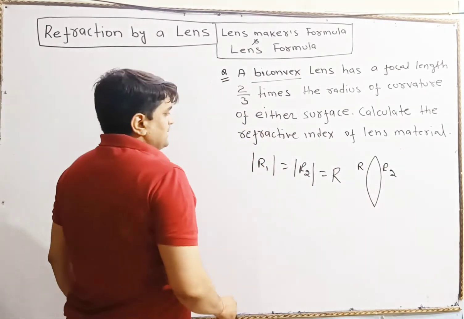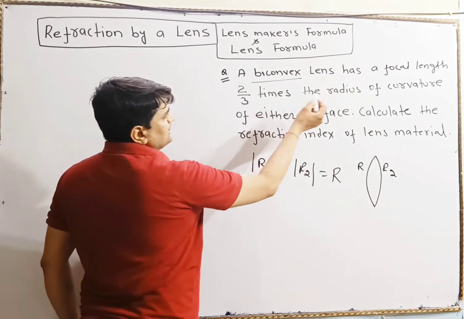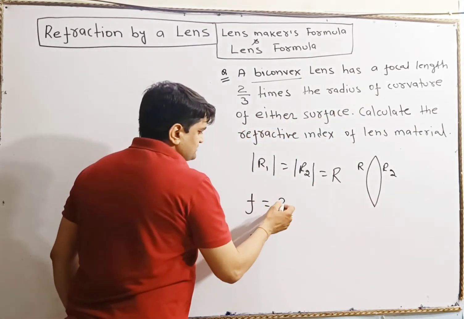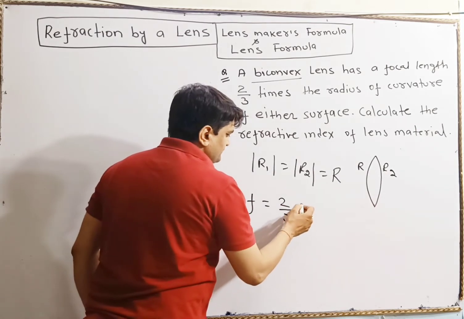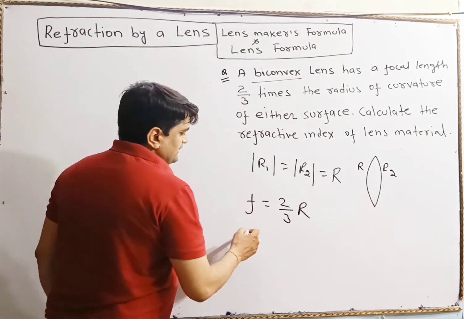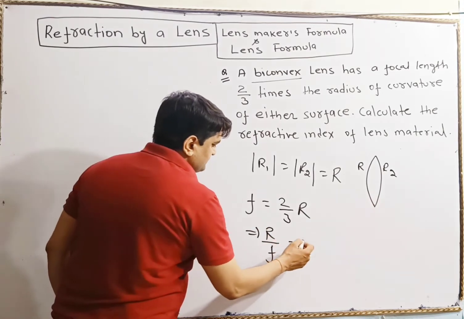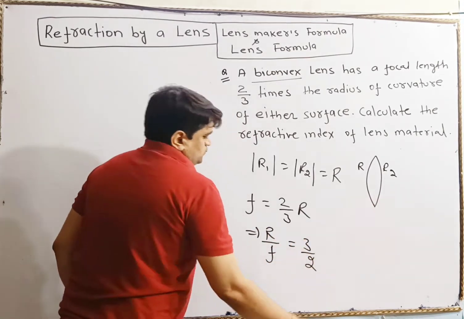Also given, the focal length is 2 by 3 times R. That means F is 2 by 3 times R, so R upon F must be 3 by 2.